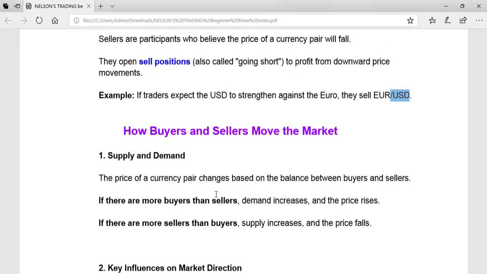There is no day when buyers will be the only people in the market, or when sellers are not in the market, because where there is a buyer, there must be a seller. For example, if you want to sell a land, there must be someone buying on the other side. That is exactly how it is.